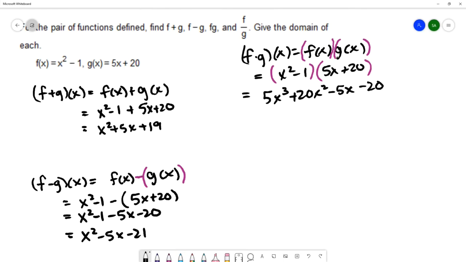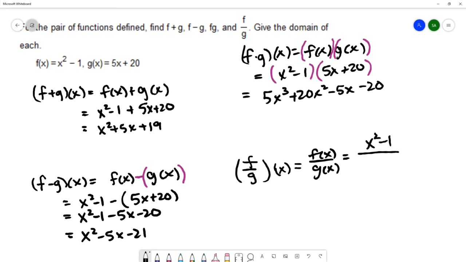So then finally, we're going to find f over g of x. So we're going to put f of x in the numerator and g of x in our denominator. F of x is x squared minus 1, and g of x is 5x plus 20. When we simplify these fractions, we want to make sure that we're reducing it to lowest terms, canceling out any common factors we might have.